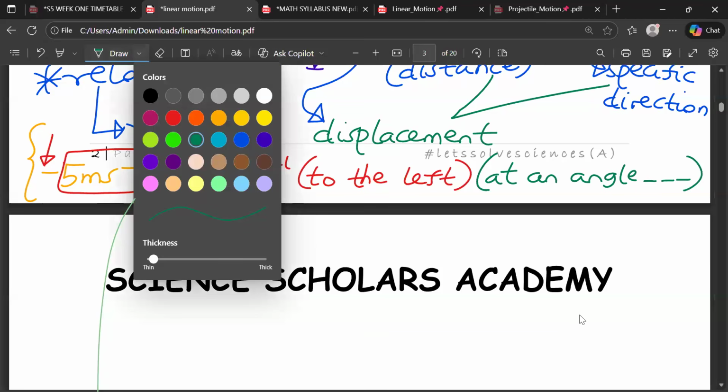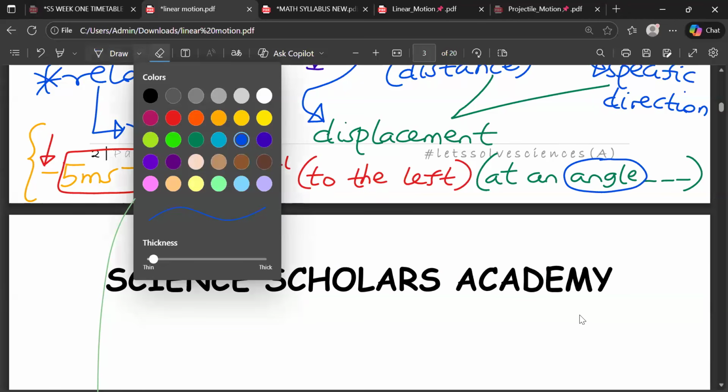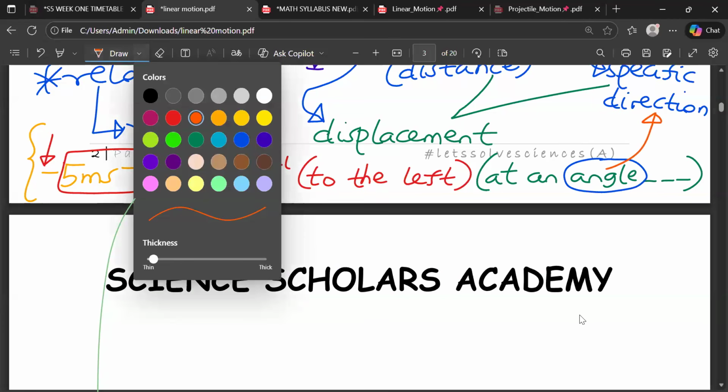So the moment you say at an angle, I told you in forces that when they ask the magnitude and direction of the resultant force, the direction is written in terms of an angle, maybe with the horizontal or the vertical, or you can use bearing. So the moment you state an angle, that is a specific direction. So when you see those things, that is direction.